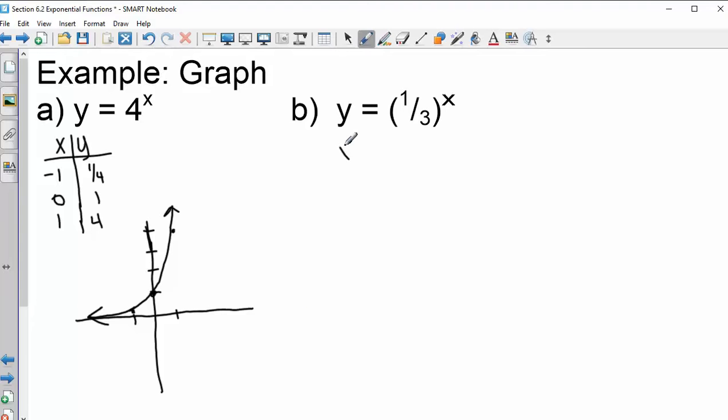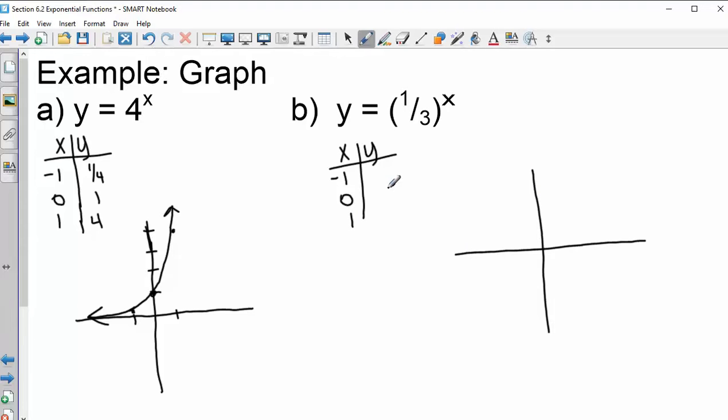For B, again, just 3 points. So if you put in -1, 1/3 to the -1, the negative would flip it and you get 3. So (-1, 3). Put in a 0, 1/3 to the 0 is 1.